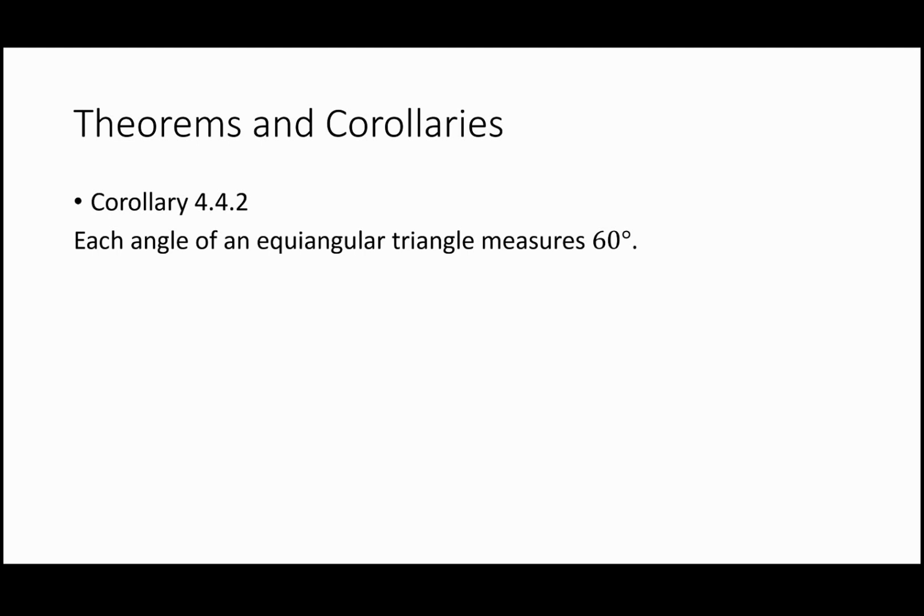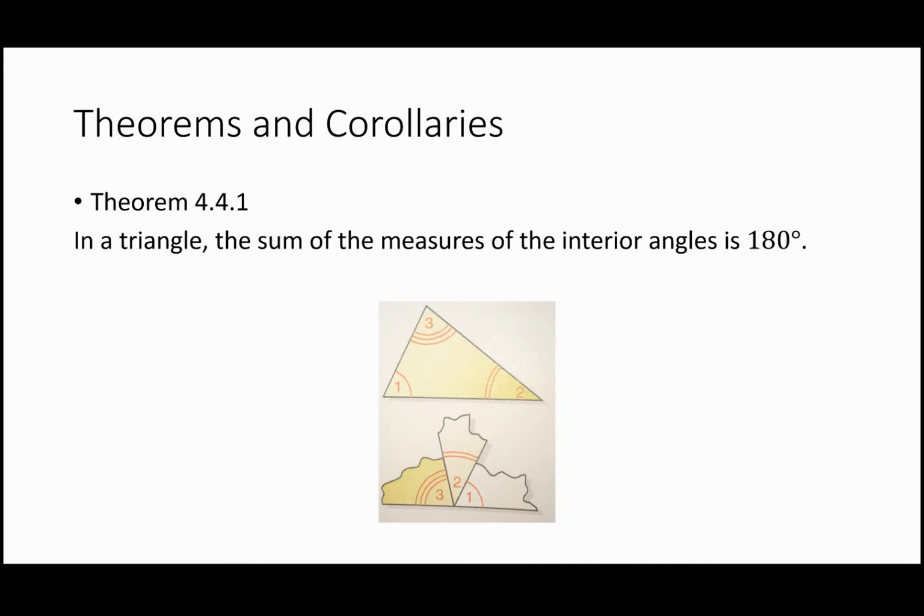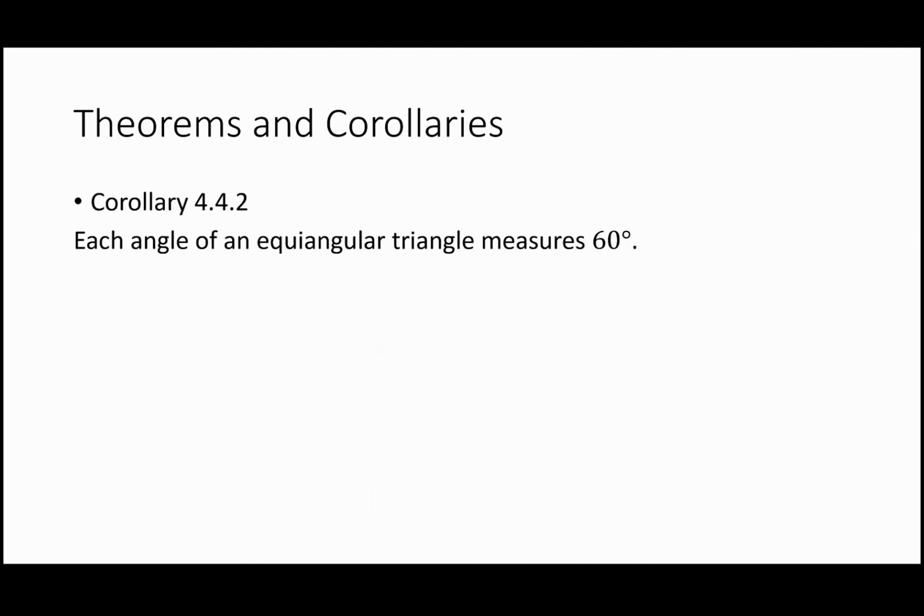Like I said, corollaries are more or less like sub-theorems. They're always connected to a main theorem, which was the one that we just saw about the interior angles summing to 180 degrees. So you always use that main theorem information in order to reason your way through any connected corollary.